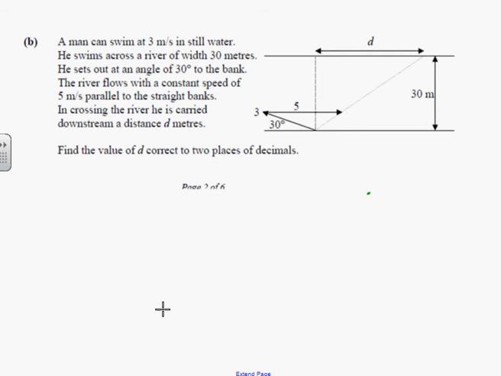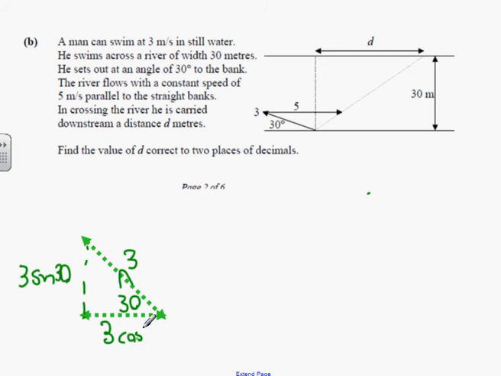Okay, so set off this angle here, and this angle here is 30 degrees, and we're going 3. So 3 this way. 3 is the hypotenuse there. So this is going to be 3 sine 30 and 3 cos 30.